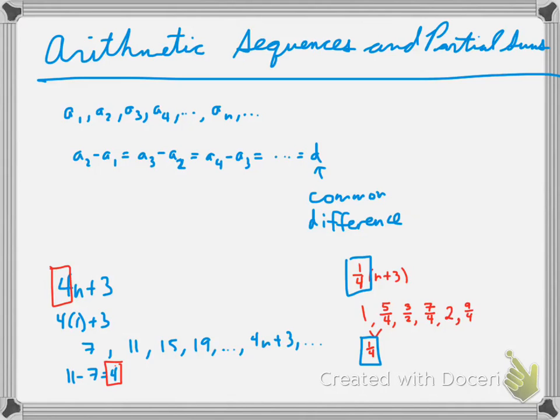So 2 times 1/4 is 1/2. How do I get to 5/4? Well, I have to add another 3/4 to that. So every time, after you multiply by 1/4, you're going to have to add 3/4 to it. And that's how we would get our equation for the nth term.